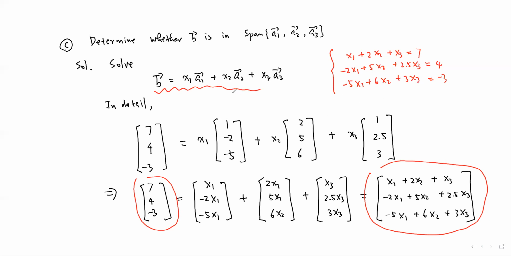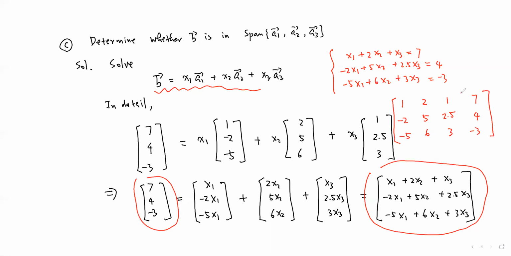Now, to answer whether or not this vector equation has a solution, I need to solve this linear system. To solve this linear system, I form the augmented matrix. The augmented matrix is 1, 2, 1, 7, negative 2, 5, 2.5, 4, and the third row ending in 6, 3.